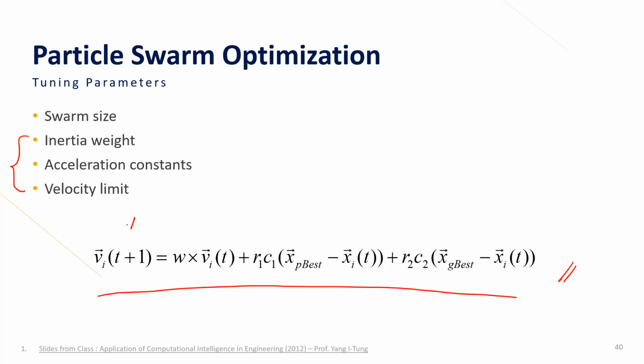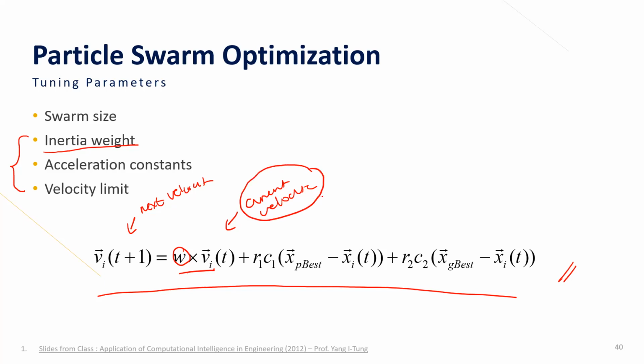So first we have here the next velocity, and here is the current velocity. W represents the inertia weight, or how much you consider the current velocity as your guideline for the next search. And then you have R1 C1, and R2 C2 here.